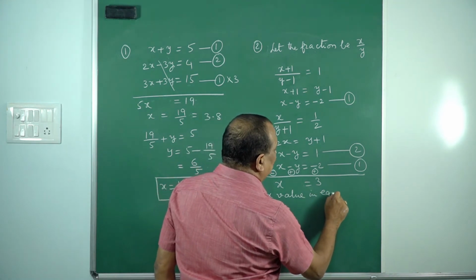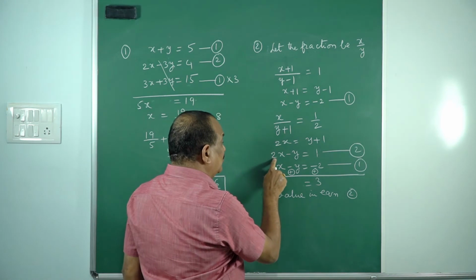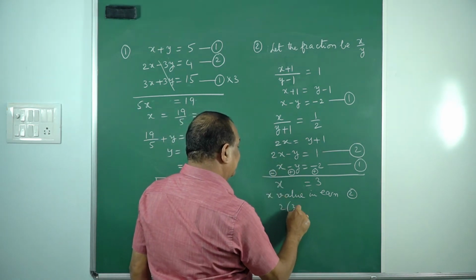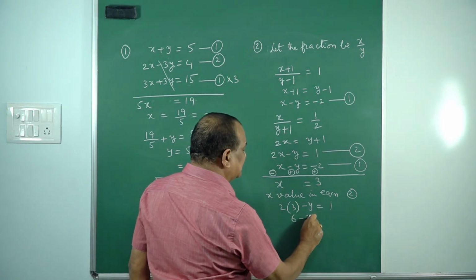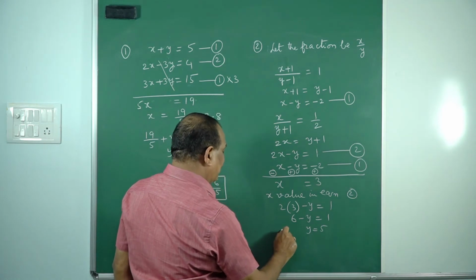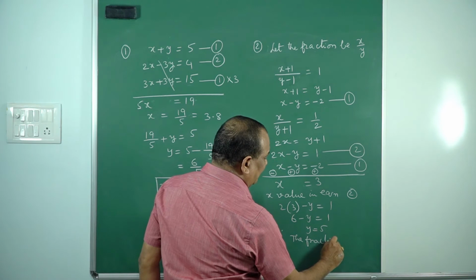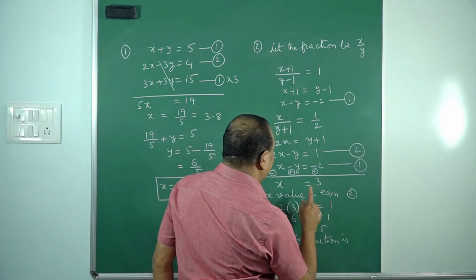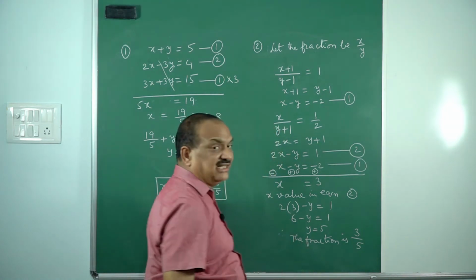Come on, 2 times x minus y is equal to 1. This is 6 minus y is equal to 1. Obviously y is equal to 5. And therefore the fraction: x value is 3, y value is 5. The fraction is 3 on 5.